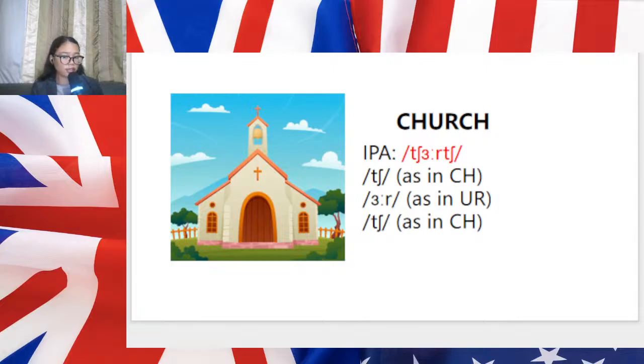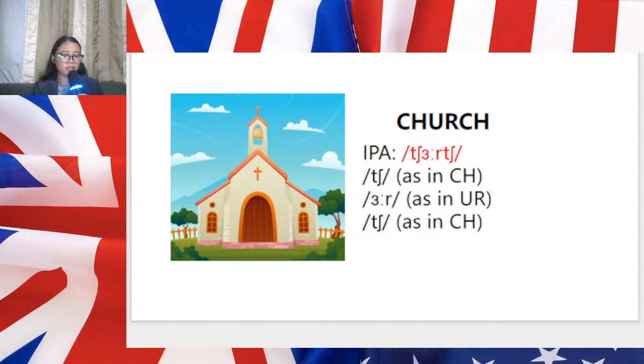Actually, if you just look at the IPA transcription, the ch sound is found at the beginning as well as at the end. Okay, beginning and end. Ch sound. Remember those forward slashes always.